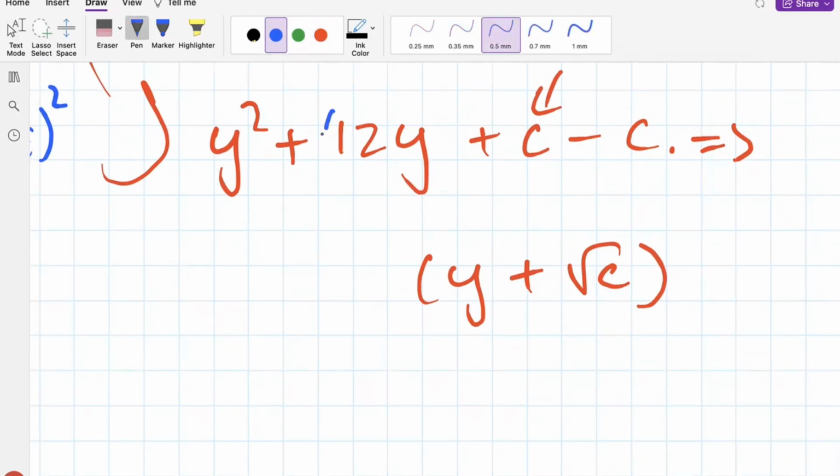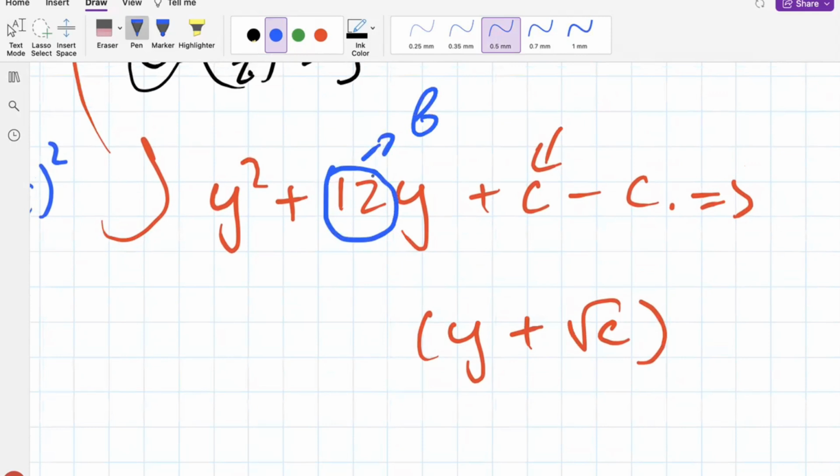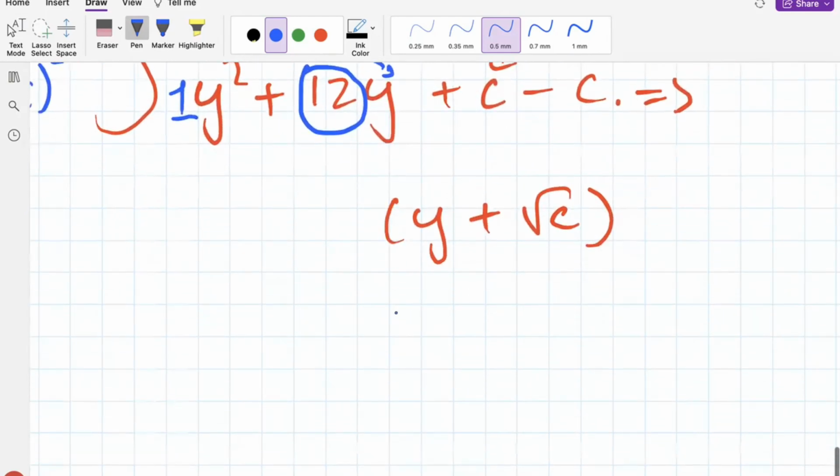So in this case, you know that your b is 12, right? Basically, your b is the coefficient before y. Your a is the coefficient before y squared. In this case, a is 1. So your c should be equal to b divided by 2 squared.